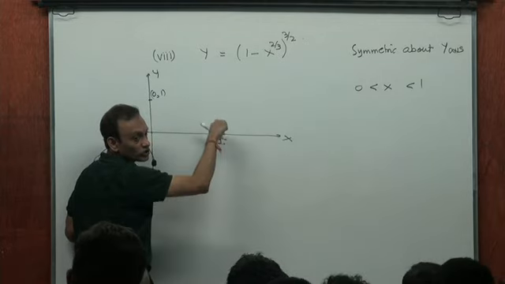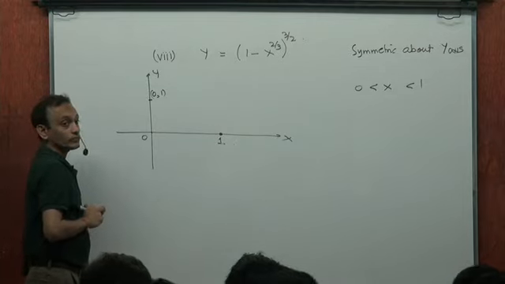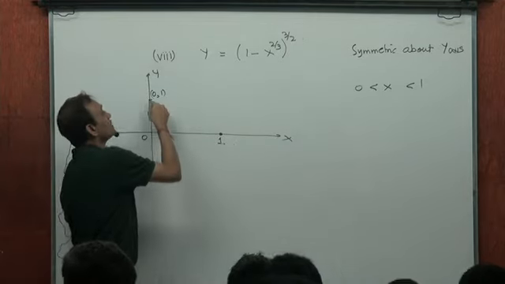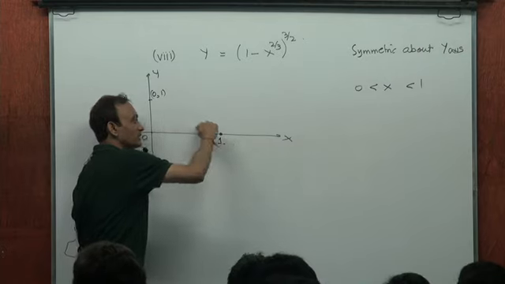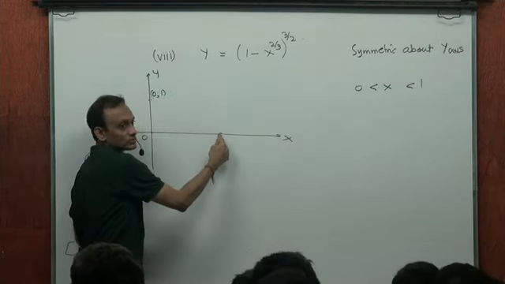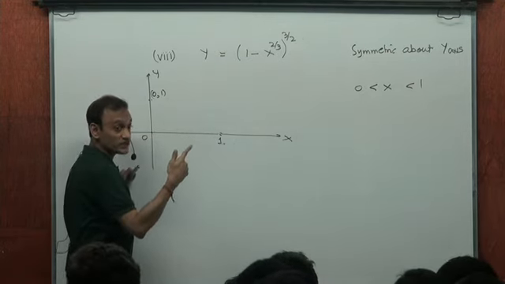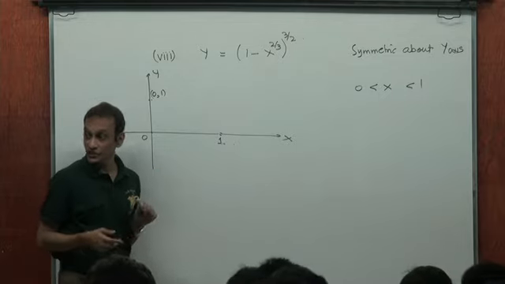So these are 2 points on the graph. Now, between these two, you could either have something like this, or you could have something like this. Let's see what happens. For that, we need to differentiate with respect to x.